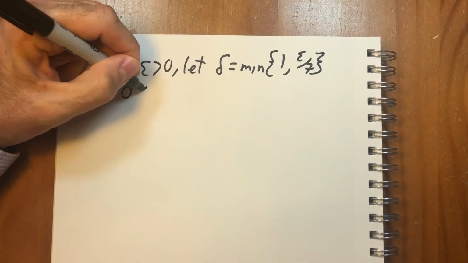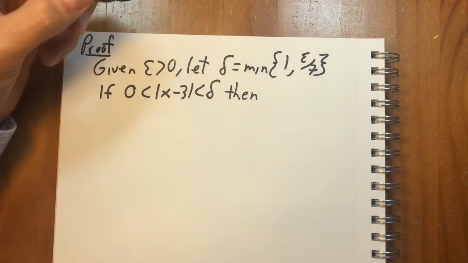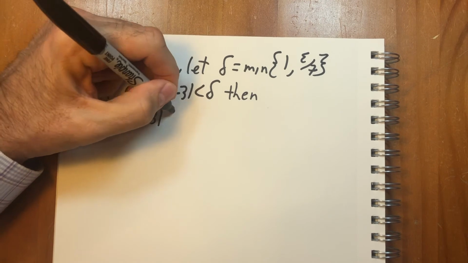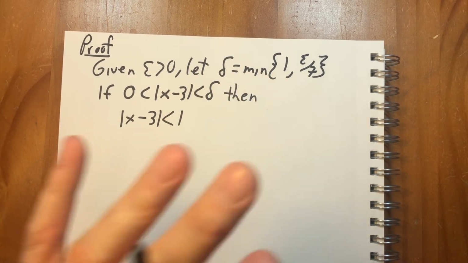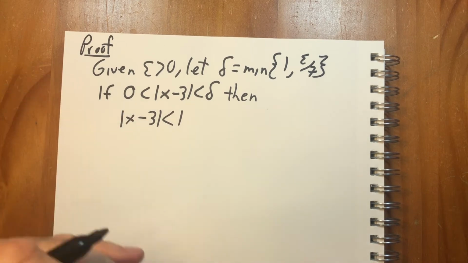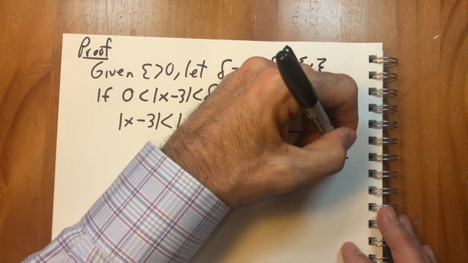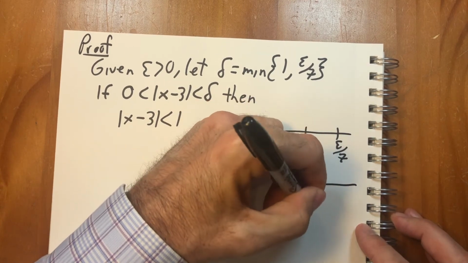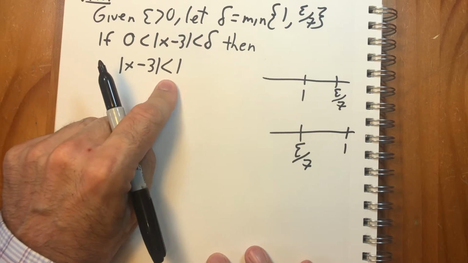So if x minus 3 is less than delta, then first x minus 3 is less than 1. The reason is when we're dealing with minimum, it's kind of weird because what you actually look at is the bigger one. If delta is the minimum of one of these, it's always going to be less than both of them. So in every case, x minus 3 is going to be less than 1, okay?